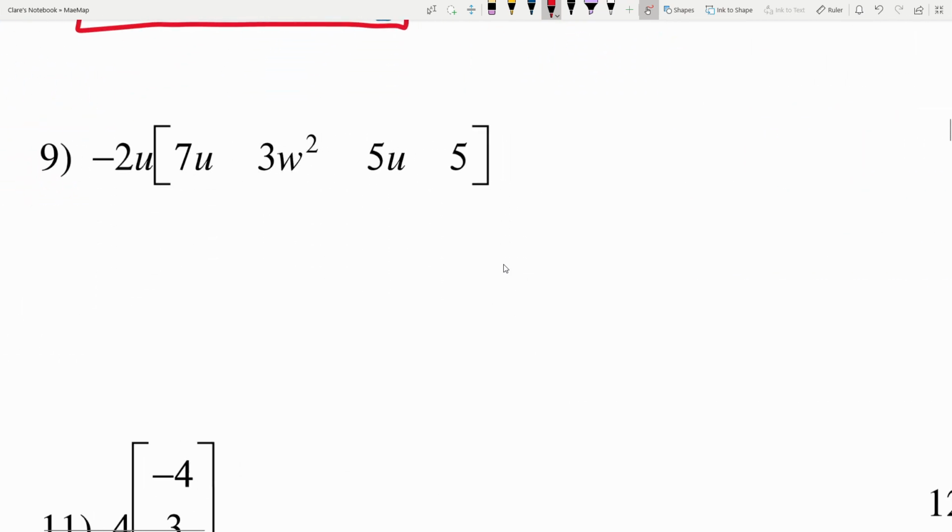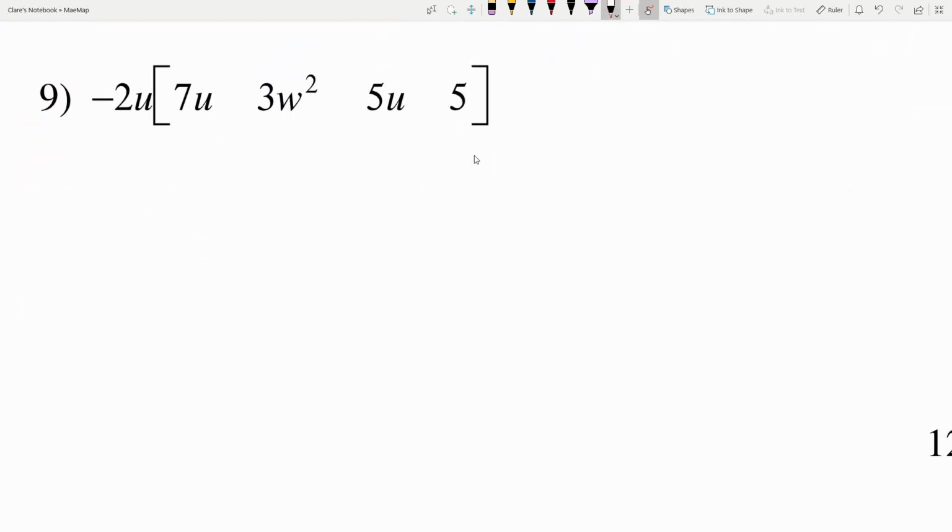Now moving on to number 9, they mix things up a bit because now we have some variables, but we're still doing the same thing. In this case, we're scaling a matrix, and the matrix that we're scaling is a 1 row by 4 column matrix, so our answer is also going to be a 1 by 4. We're just going to take this negative 2u and multiply it by every element. So we'll have negative 2u times 7u. That's going to be the first row, our only row, first column.